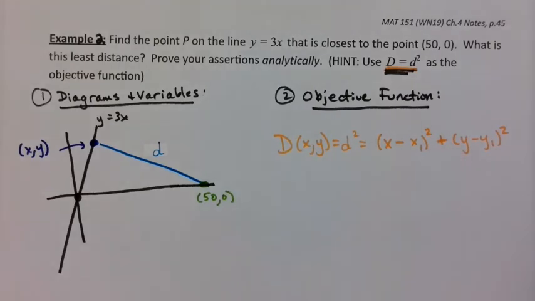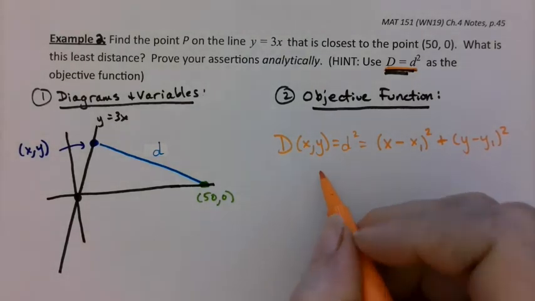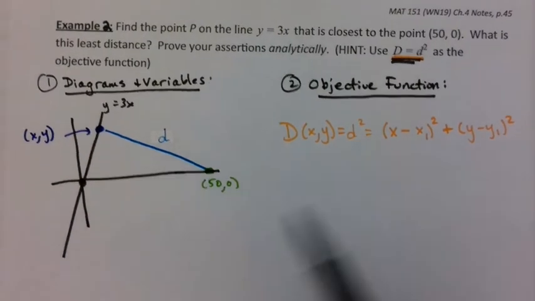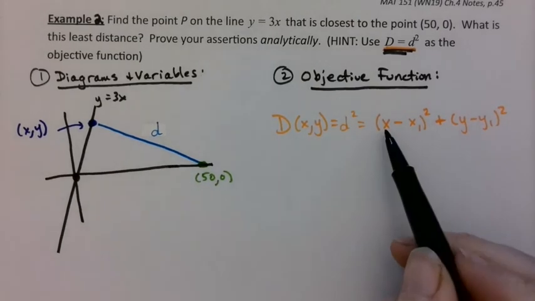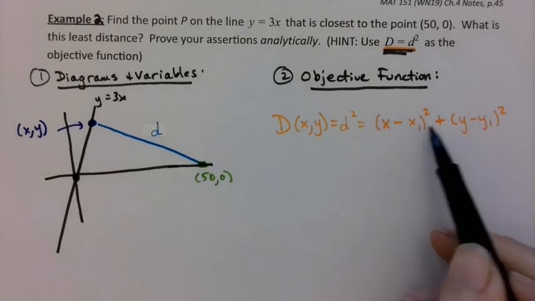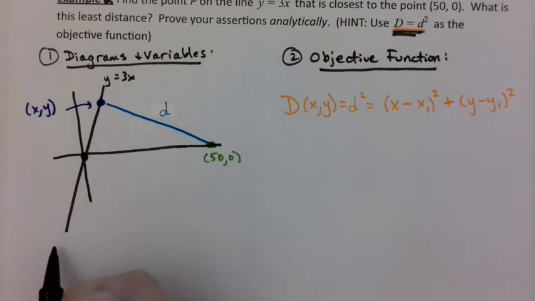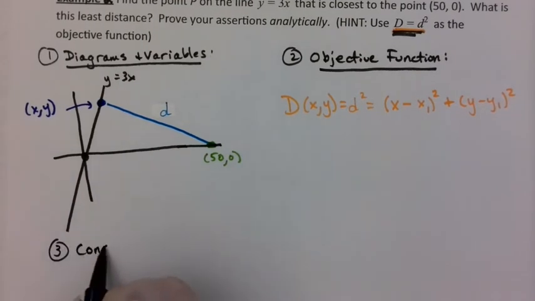You learn that in algebra class. Now we already know that we want the point (50, 0). That's one constraint. So you'll notice there's way too many variables going on there. I mean, technically there's 1, 2, 3, 4 variables, but there won't be in just a second because we're going to find some constraints because boy are we constrained.